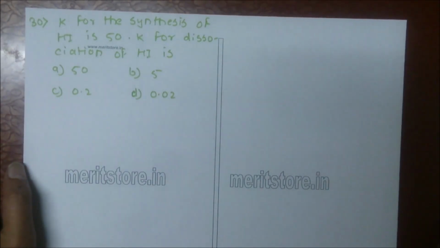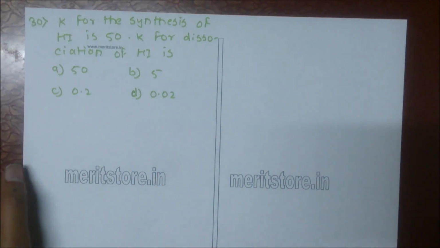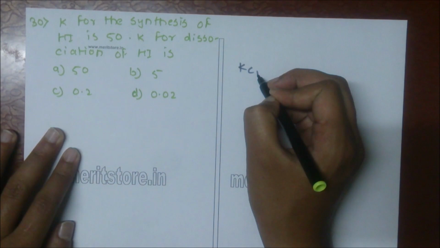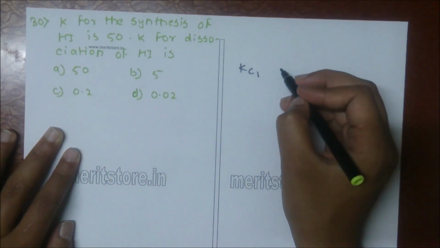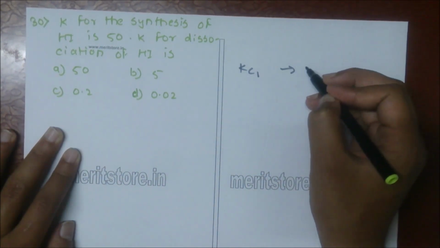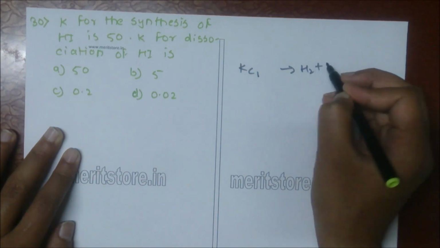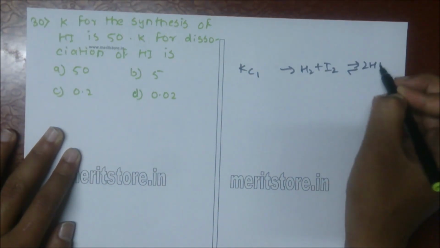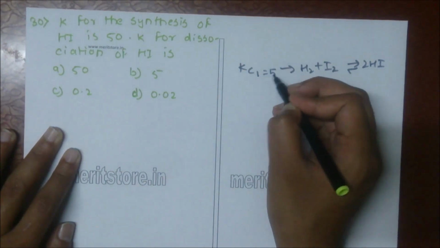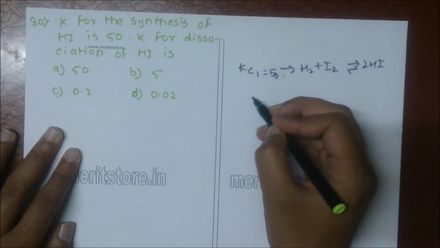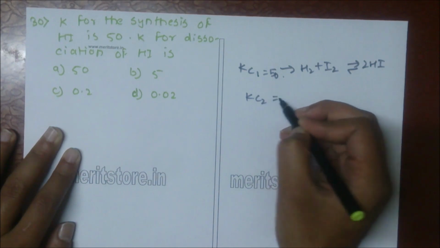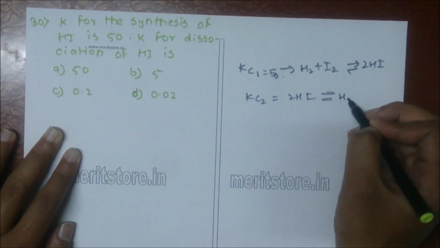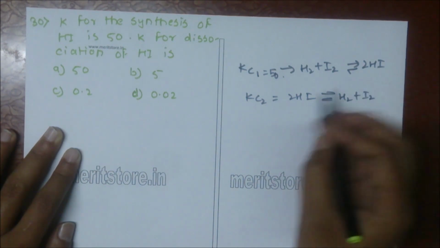K for synthesis of HI is 50. K for dissociation of HI is, let Kc1 be for synthesis of HI. So we get H2 plus I2 gives 2HI, which is equal to 50, and Kc2 is for the dissociation, 2HI gives H2 plus I2.